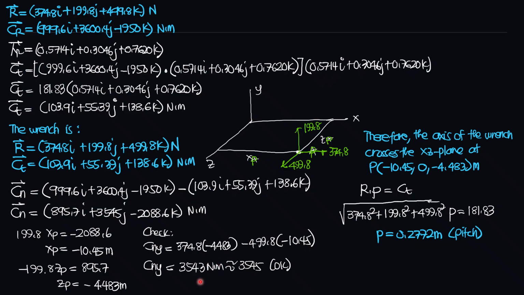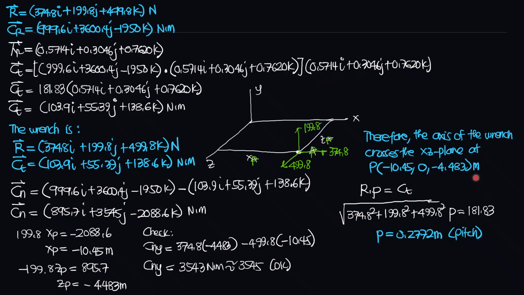And after calculating it, it's 3,543 Newton meter, which is approximately 3,545 Newton meter. So the difference is 2, and 2 is a very, very small percentage compared to thousands, 3,500 something. So we say that the axis of the wrench crosses the xz plane at point P, which is at xp negative 10.45, y is 0, and zp is negative 4.483 meters.